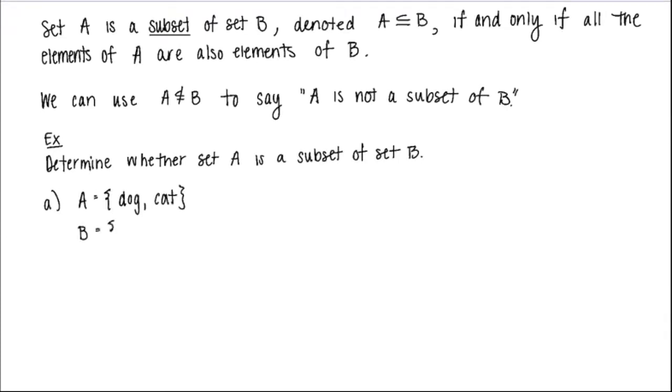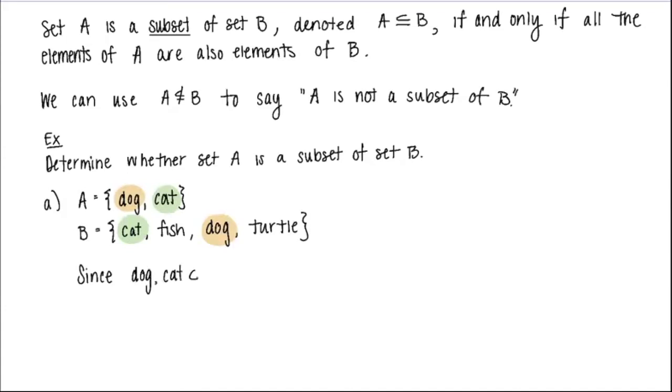Set B contains the elements cat, fish, dog, and turtle. Okay. So if I look, dog is in A, it's also in B. Cat is in A, it's also in B. All of the elements we have in A are in B. So since dog and cat are elements of set B, we have A is a subset of B.